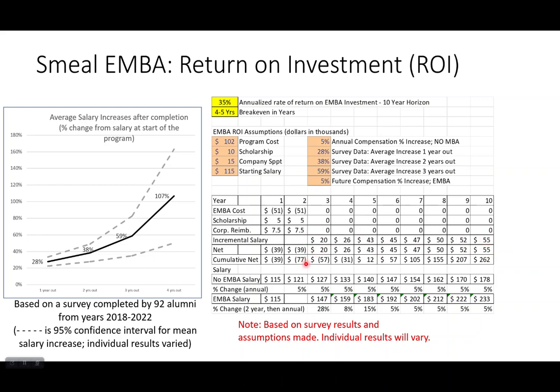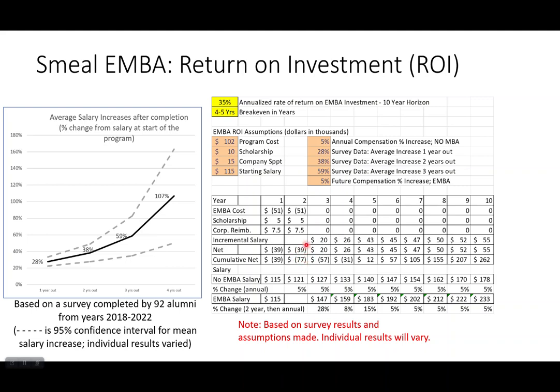So when we calculate the annualized return on your $77,000 investment, the calculation that we can show in the classroom, actually, if you join the program, is 35%.